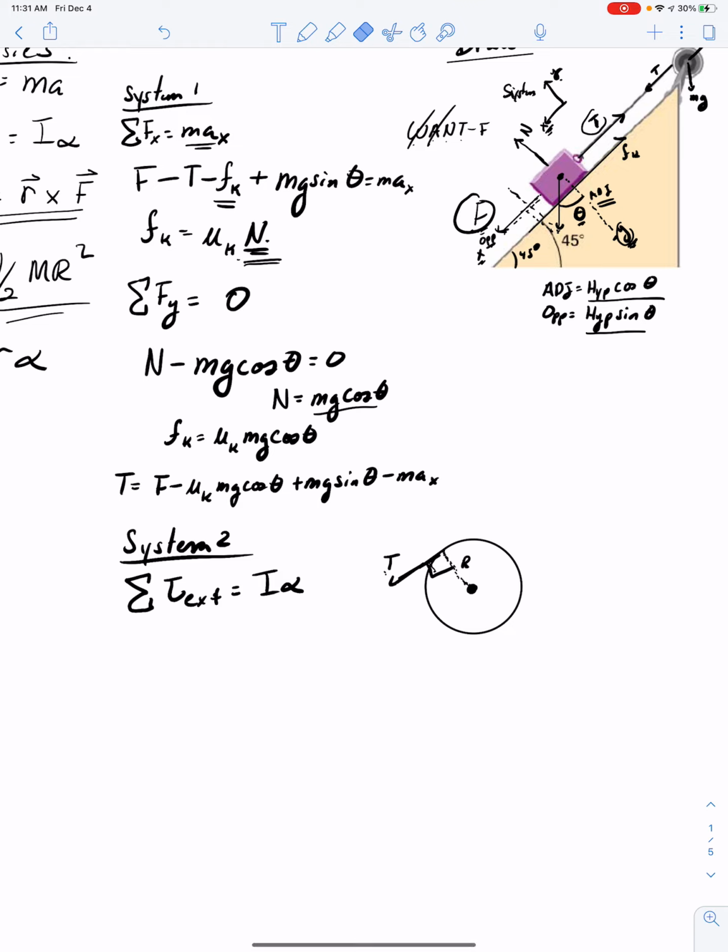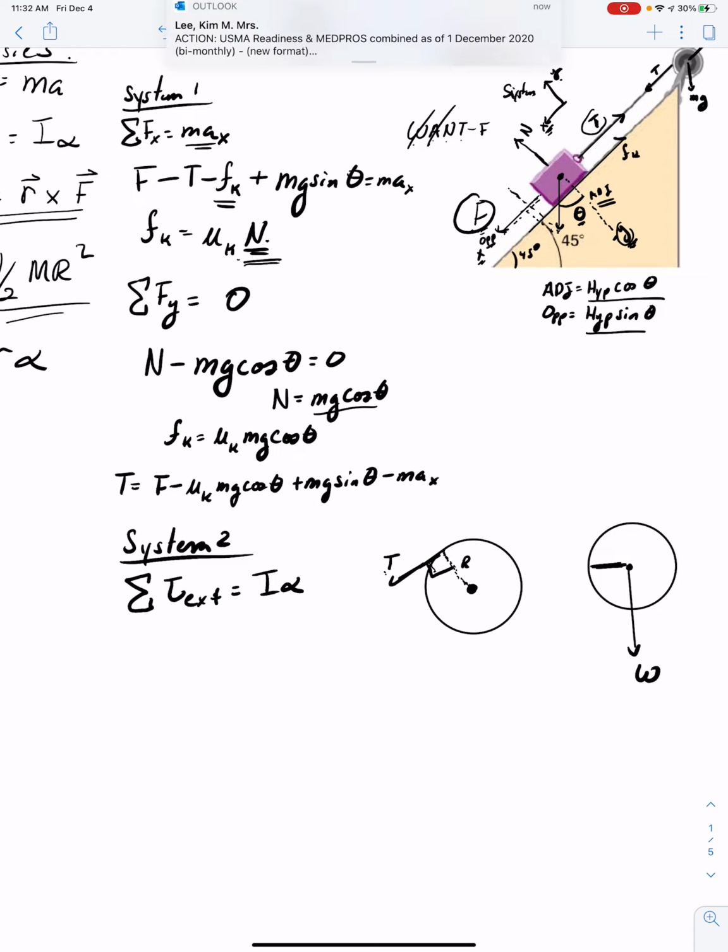Knowing this, the only torque acting on this system is the tension. The reason is because even though we have weight, it is acting straight down the middle of the circle. And remember, we need a radius, a distance, to have any type of torque.